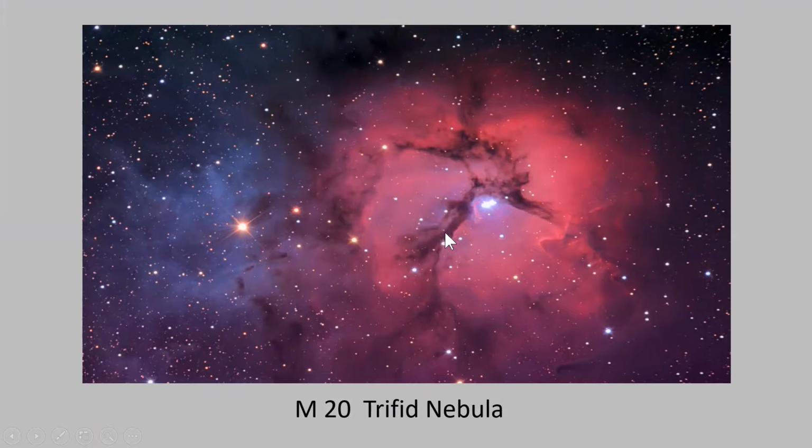There are bright stars in here which excite the gas cloud to glow in specific frequencies. This is an area where stars are forming right now, where there's collapse going on and new stars are forming. So when you see a nebula, you know it's a very young region of space with very young stars in it.